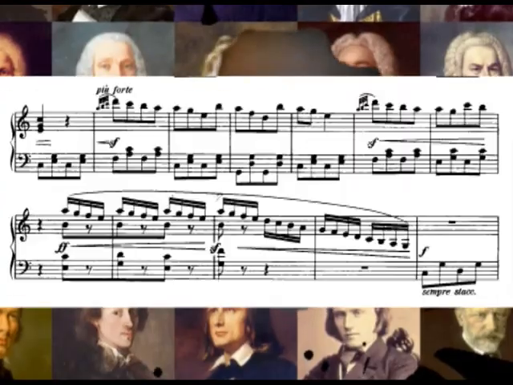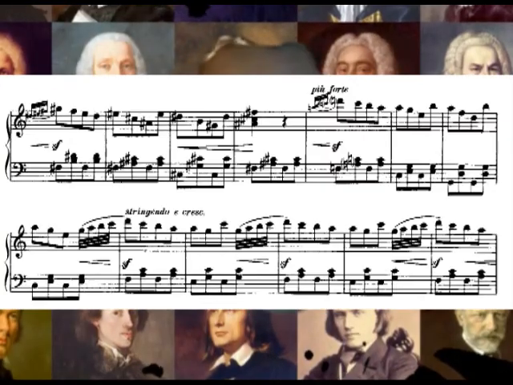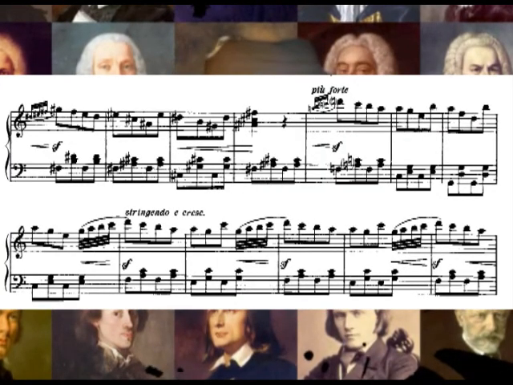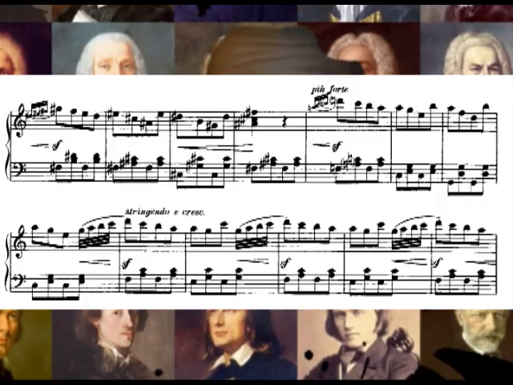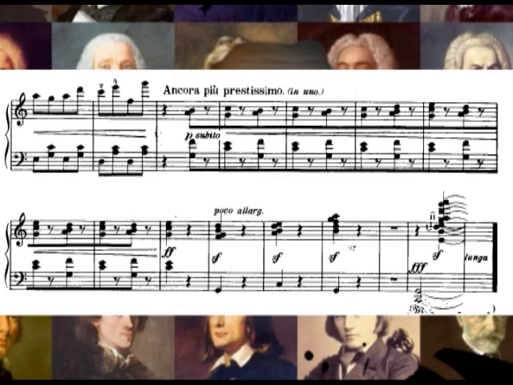As the piece develops, it then becomes più forte, or louder, then meno forte, softer, then più forte again. Then it all of a sudden becomes stringendo, which basically means gradually increasing in dynamics and tempo. And then it goes ancora più prestissimo, even faster, and then poco allargando, decreasing in tempo.